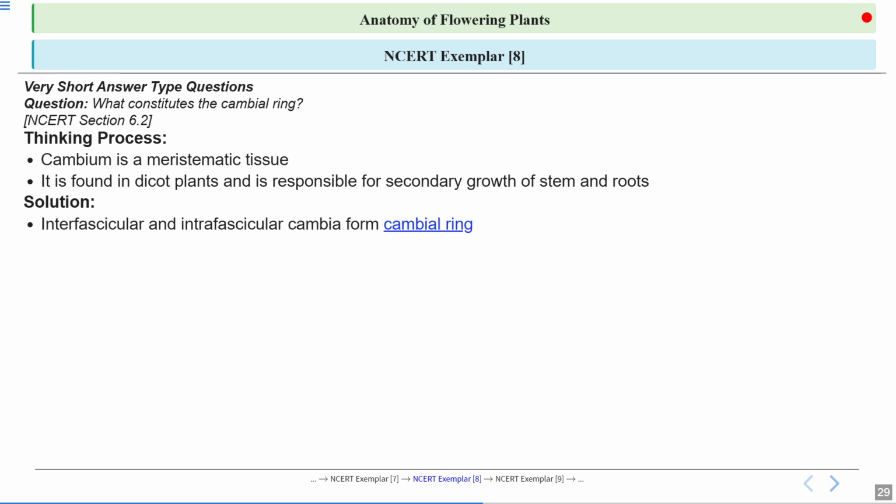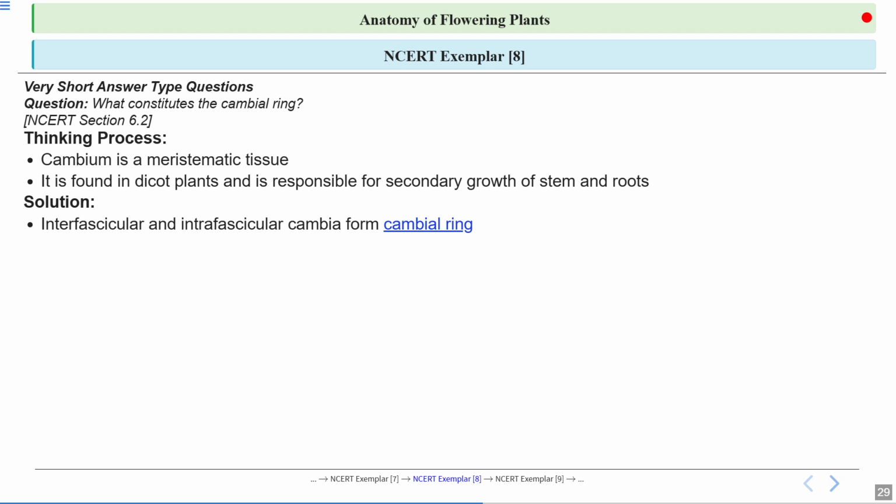Interfascicular and intrafascicular cambia form the cambium ring. Now you see one thing, the cambium is just present between the xylem and phloem, right? But what is present between the two vascular bundles?